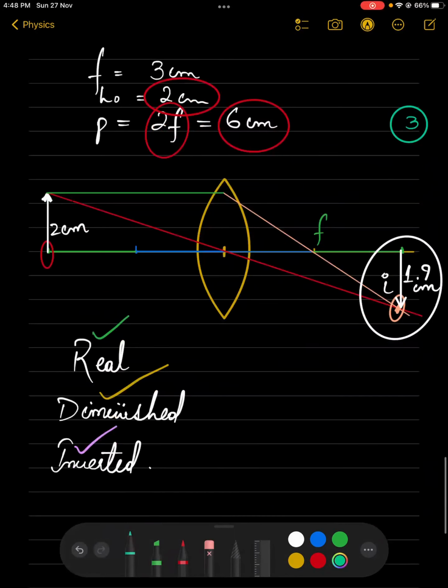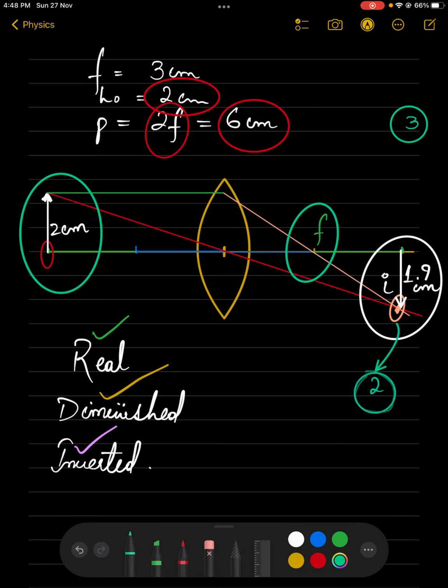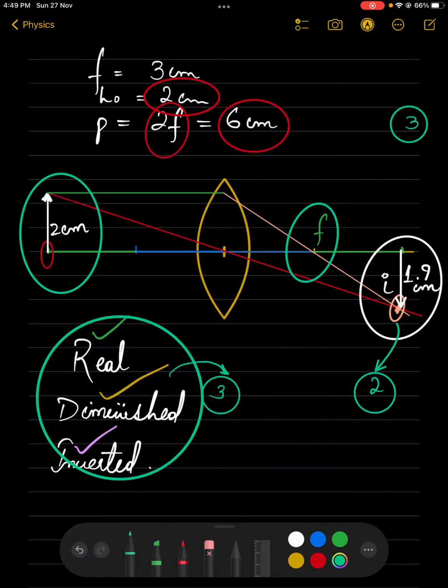So the first mark is on the placement of object and focus. जैसे ही आप अपना object और focus draw कर लेते हो आपको first mark मिल जाता है. The second mark is over here, and the third mark is on the correct properties. So this is how you would gain all of your 3 marks from this particular question.